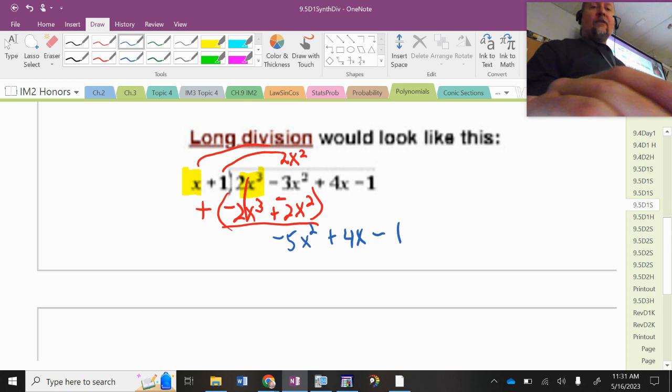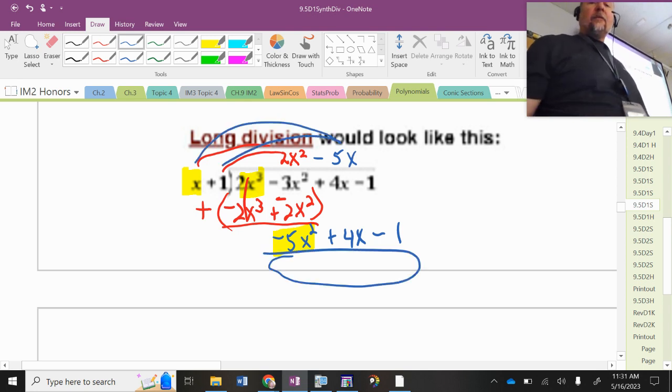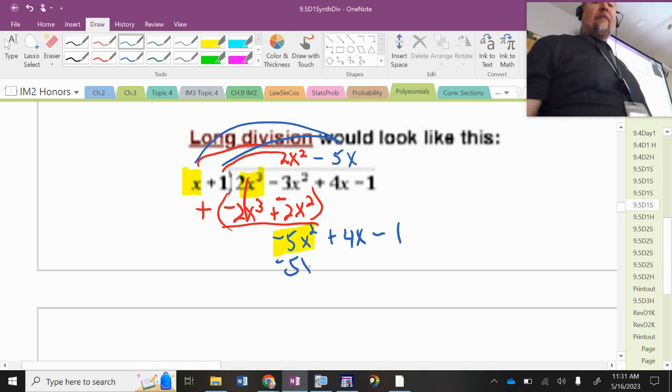Okay, so again, this has to be matched, so I have to put -5x here. All right, and then go ahead and distribute and put what's in this position right here. -5x, what? And then what? But then set up your next person by doing what?